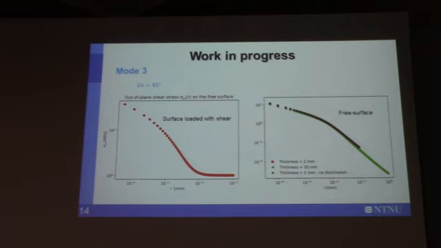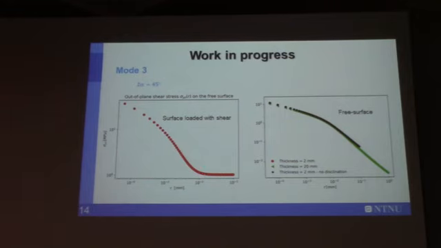But we also tried to load the free surface with a shear traction to see how the component YZ, the shear component, the out-of-plane component, behaves, because there is a kind of famous paradox.